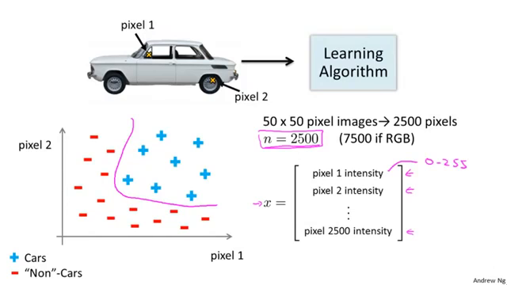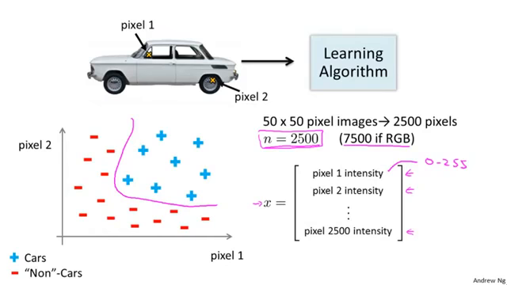It gives us maybe the grayscale value. So we have n equals 2500. And that's if we were using grayscale images. If we were using RGB images with separate red, green, and blue values, we have n equals 7500.